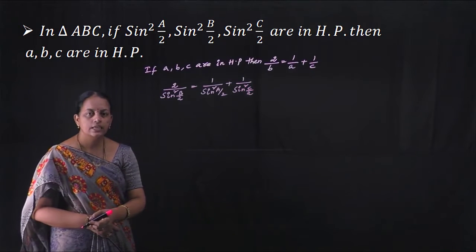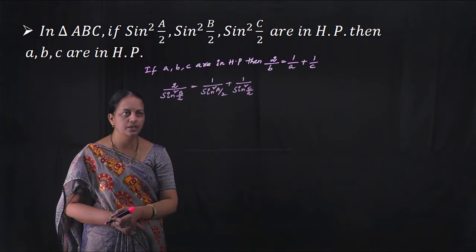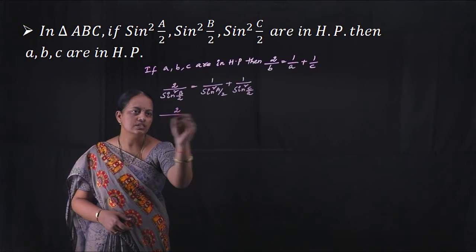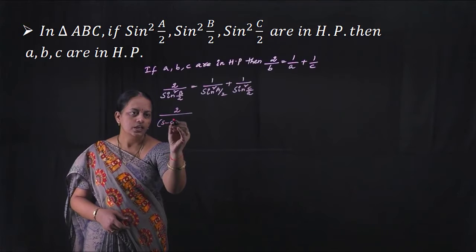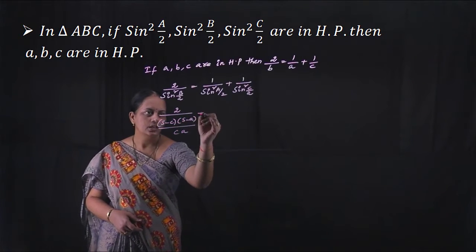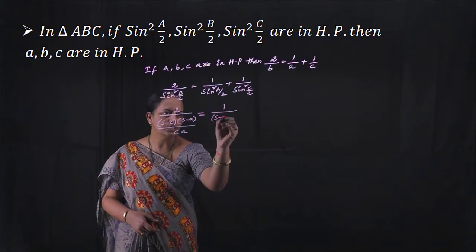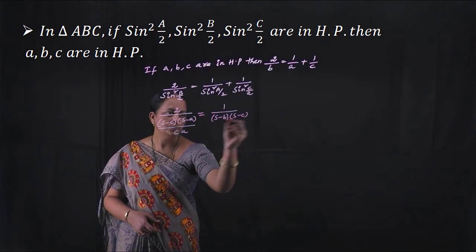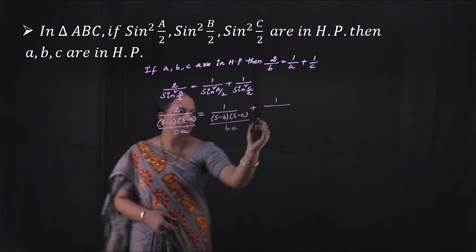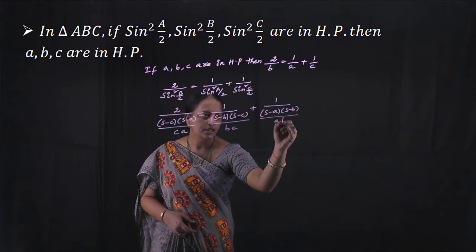And we know that sin B/2 is equal to root over (S minus C)(S minus A)/CA. Sin square B/2 means (S minus C)(S minus A)/CA. This is equal to 1/sin square A/2, which means (S minus B)(S minus C)/BC, plus sin square C/2, which means (S minus A)(S minus B)/AB.